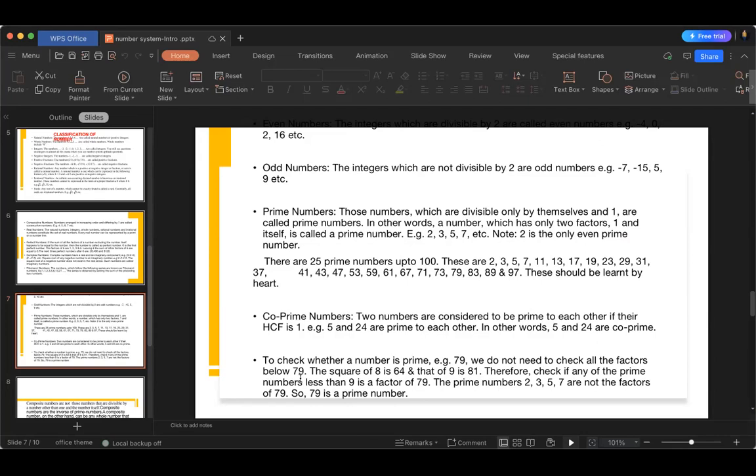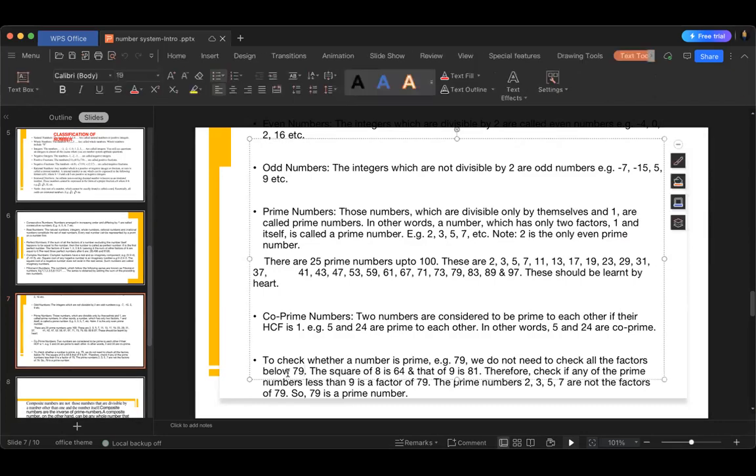That means 79. The 79 is closest to 81, which is 9 squared, and 79 is also close to 64.